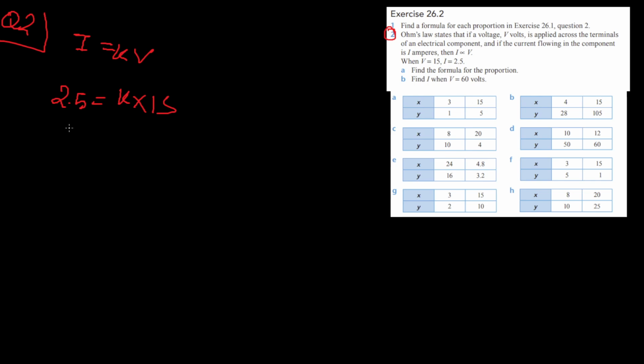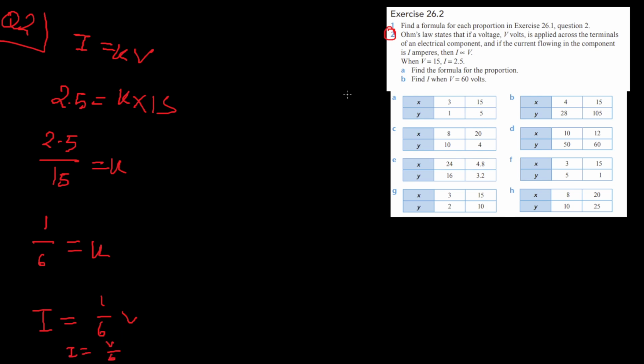So if we put 2.5 here and divide it by 15, we get 1 by 6 equals k. So we got the formula I equals 1 by 6 V, which we can also write as I equals V by 6.